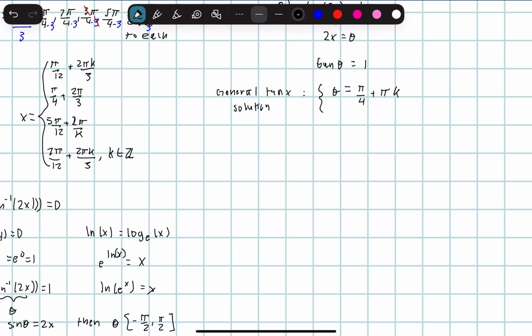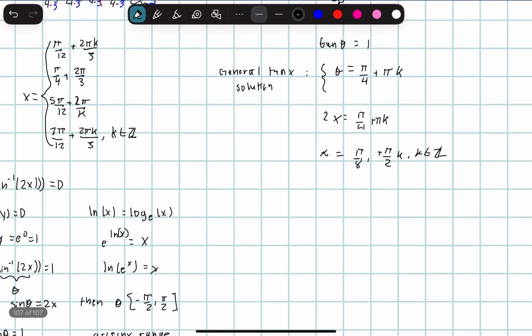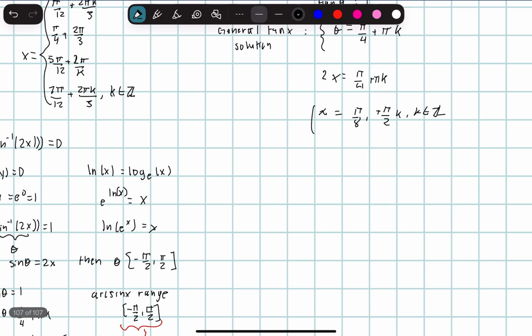Therefore, 2x is equal to pi over 4 plus pi k. Now we divide by 2 to get x, where k is an integer. So that's our solution. Hooray, and we're literally done.